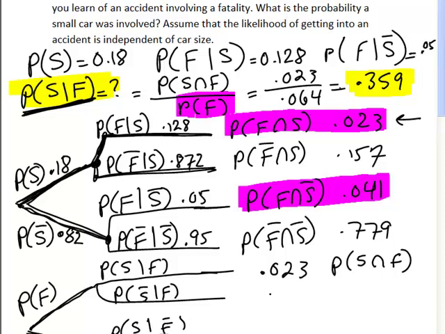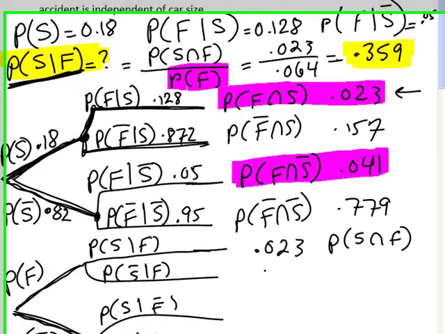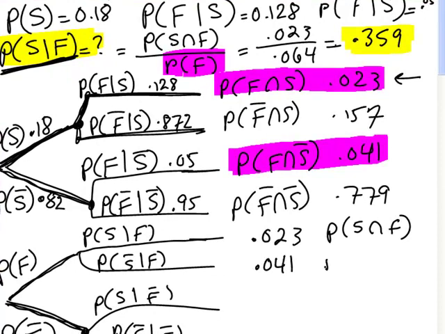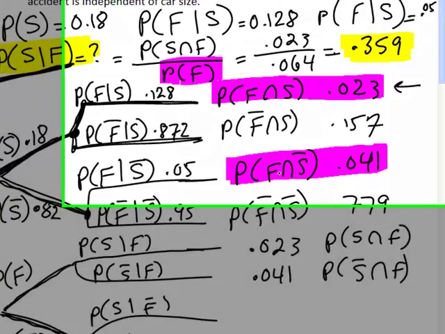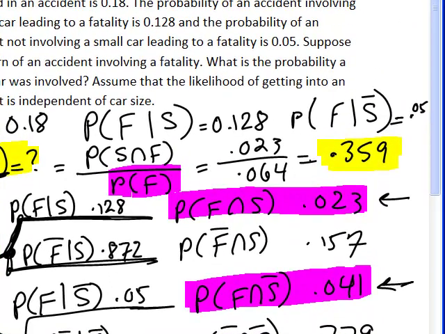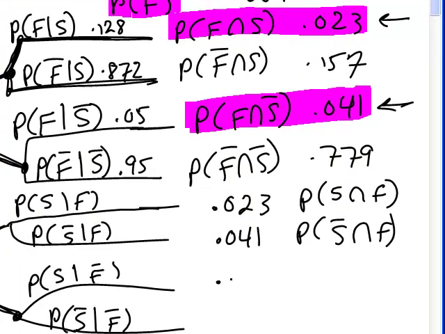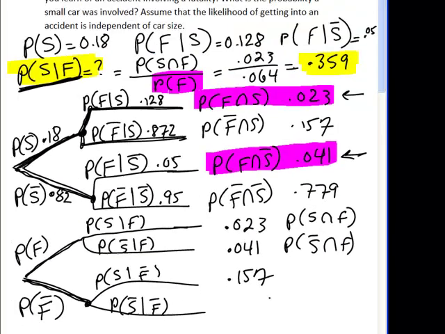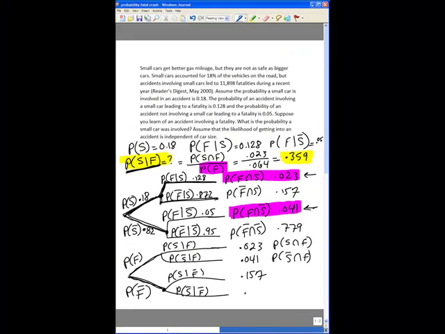The next one will be 0.041, which is the probability of S bar and F. The next one will be 0.157, and the bottom one would be 0.779.